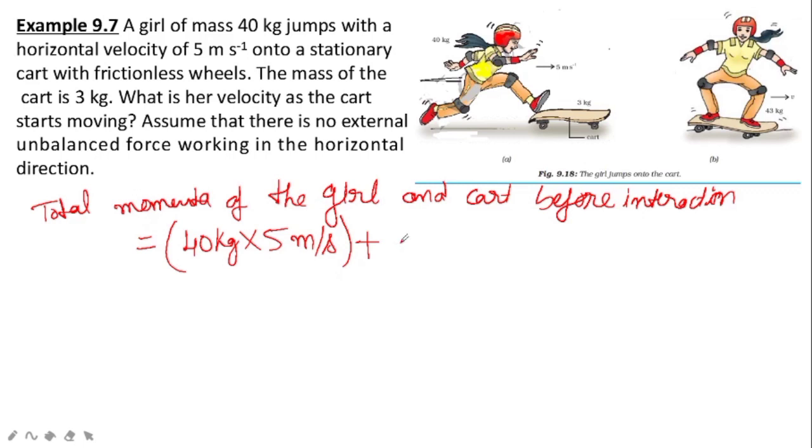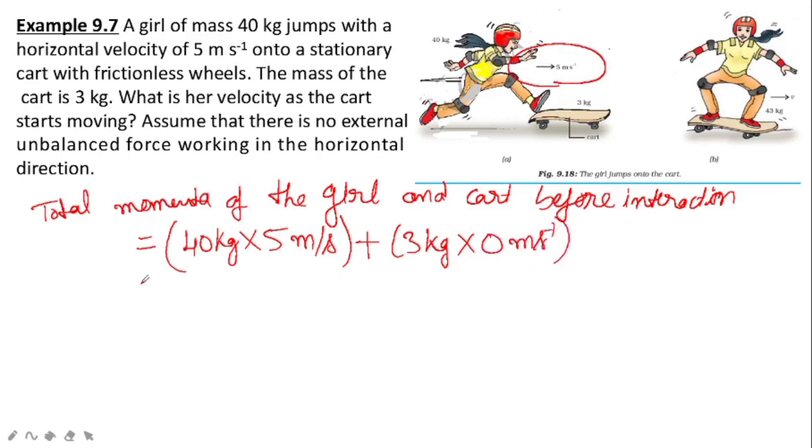We'll take B as the cart. Now mass of the cart is 3 kg into velocity of the cart before interaction. What is it? It is 0, because she is moving with the velocity of 5 meter per second, but the cart is at rest, so it is 0 meter per second.